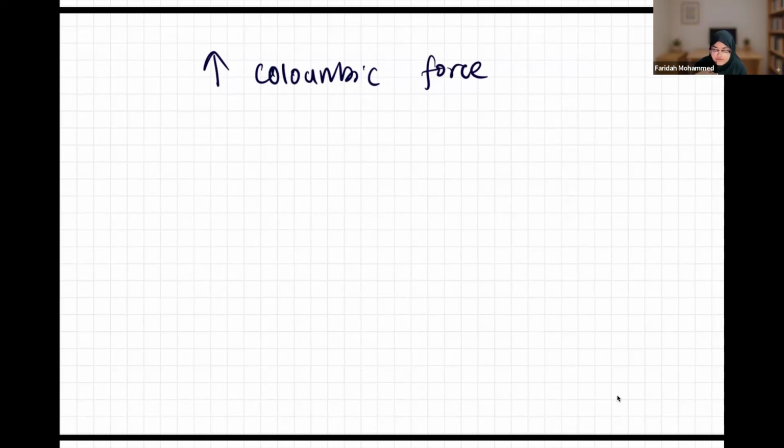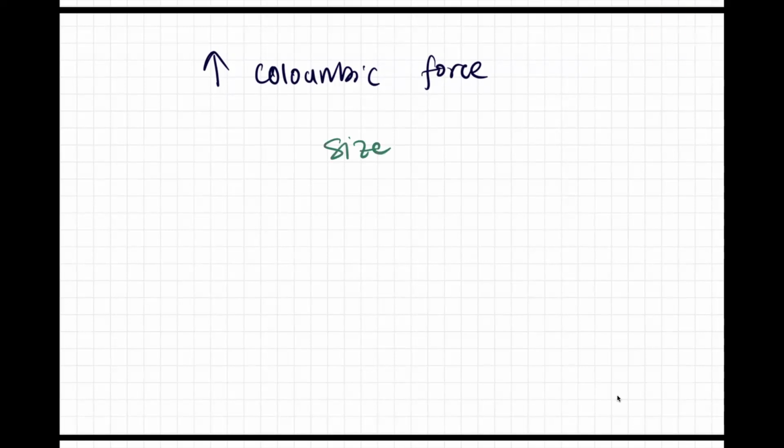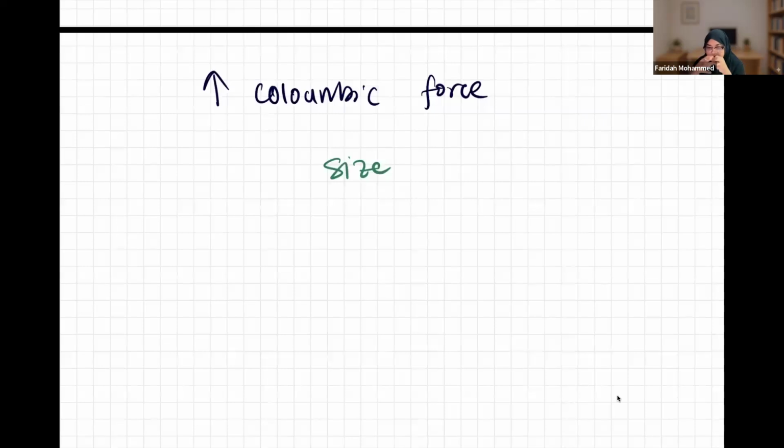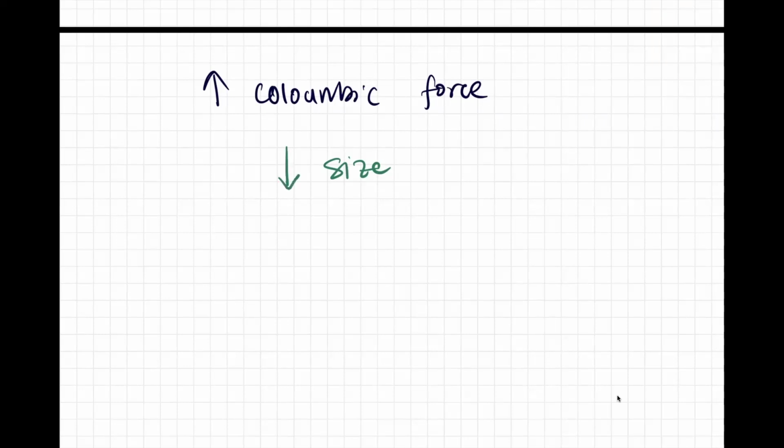Big. Hello? Yeah, more attraction, more Coulombic force, the size would be? More attraction would be smaller, right? Because the attraction is coming from the nucleus, right? If the nucleus attracts everything, what's gonna happen? The size gonna be? It's gonna condense. Correct. Okay, so higher Coulombic force, size would be smaller.